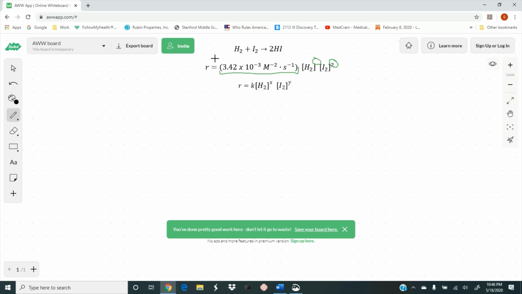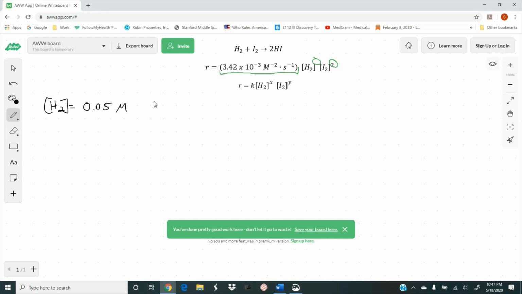So let's take this equation right here. Let's say we have this chemical reaction, and we want to know how fast the rate is going at a certain point in time. And at a certain point in time means, you know, at certain concentrations. So let's say at a certain point in time, the concentration of H2 is equal to 0.05 molar.